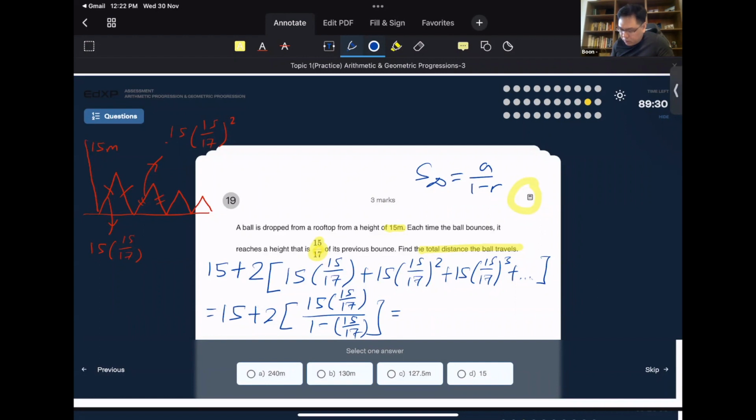You can do it with me. So 15 times 15 over 17 divided by 2 over 17. Multiply by 2, and then we add 15, we get 240 meters. So this is the total distance traveled by the ball. So the answer, I believe, is A.